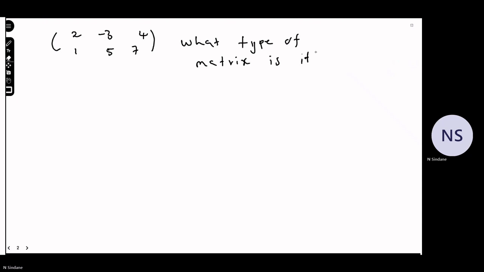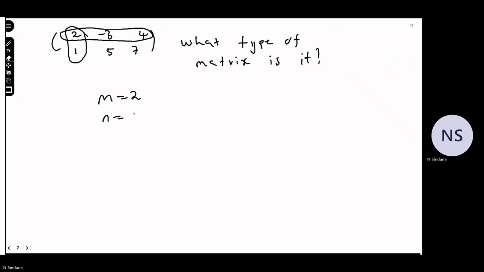So in this case, you can see that the number of rows in this matrix is 2, meaning M is 2, right? And the number of columns, N in this case, is equal to 3.